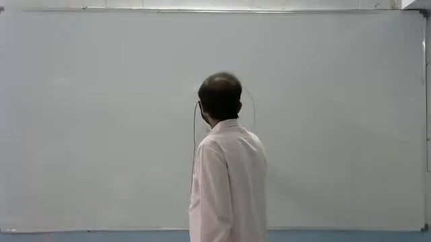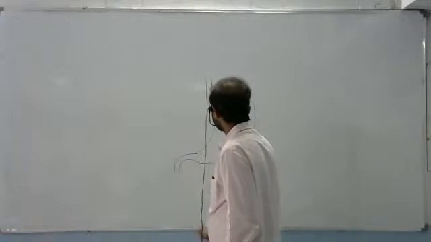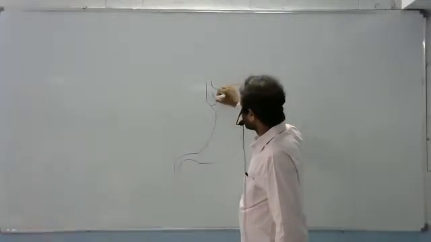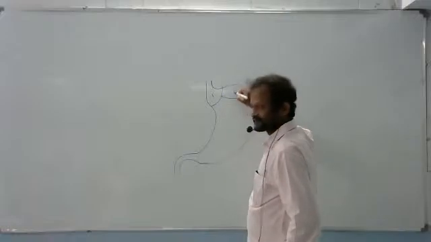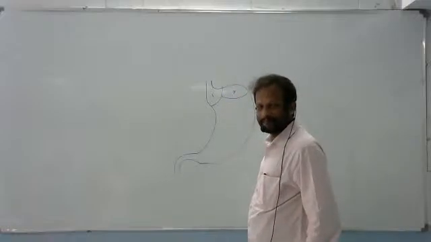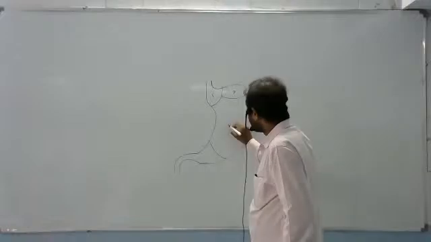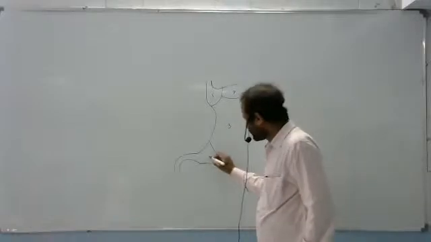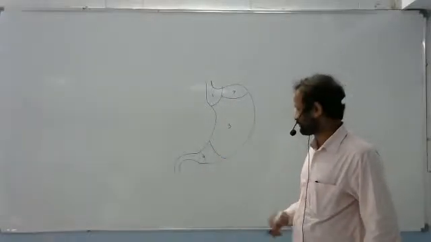If we see the structure of stomach like this, this is cardiac. This region is fundic stomach. This is the corpus. This region is pyloric.